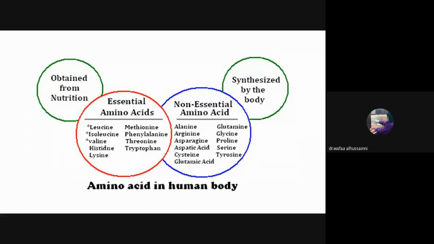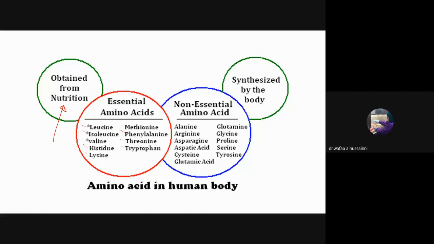This will show you the differences between them, and you will know which of the 20 amino acids are essential and which are non-essential. These you need to memorize by heart. So the essential amino acids, as we said, are obtained from nutrition: leucine, isoleucine, valine, histidine, lysine, methionine, phenylalanine, threonine, and tryptophan.